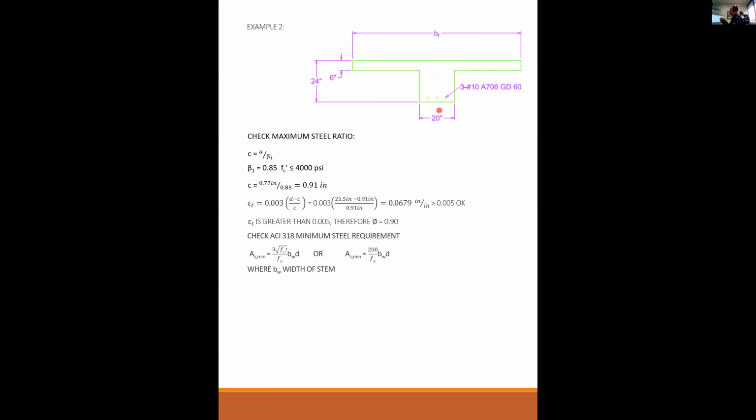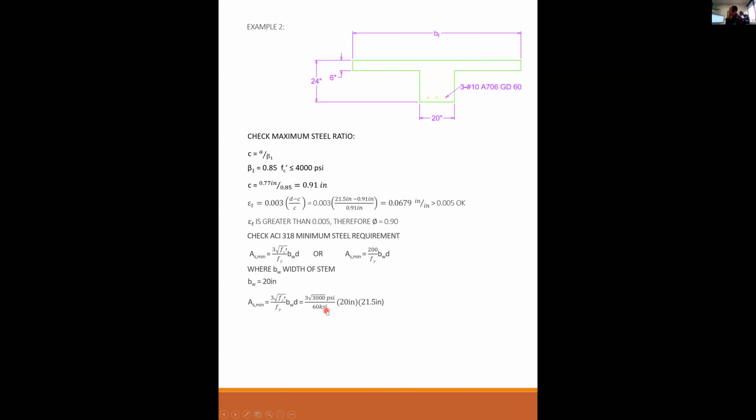If this beam is in positive bending, where's it going to crack? It's going to crack at the bottom. With positive bending, it'll crack at the bottom. So the width of the stem that we put in here is the width of the concrete at the bottom. That's what we're trying to protect against. So the width of the stem is 20.